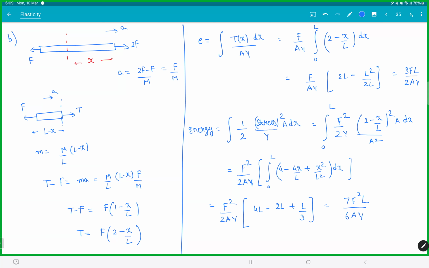Anyone got the same answers? Yeah. Hansh, Om, Devansh. Okay. Check out the solution. Check out the working. Anything you're not convinced about?